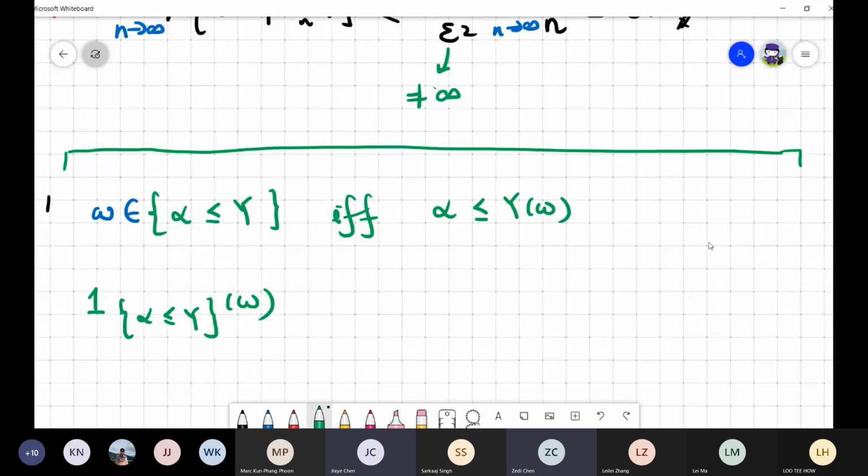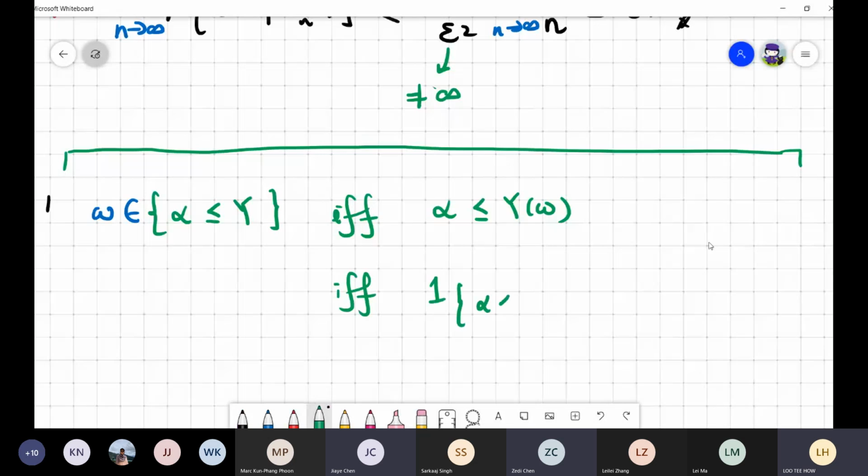Again, when omega belongs to here, that means Y of omega is greater than alpha, and the indicator function of this particular omega is equal to 1.